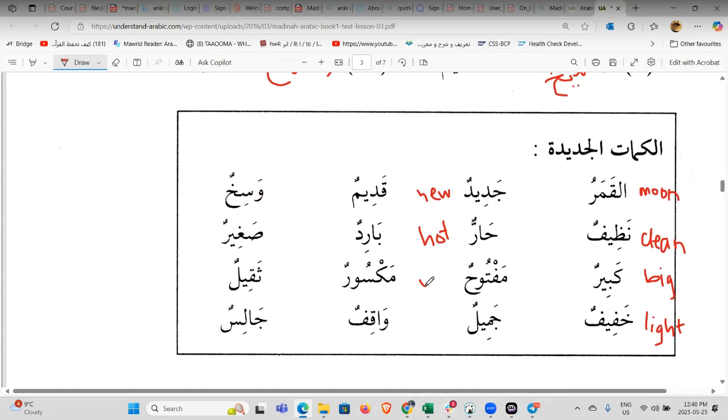Maftuh, open. Jamil is beautiful or handsome. Qadim, old.